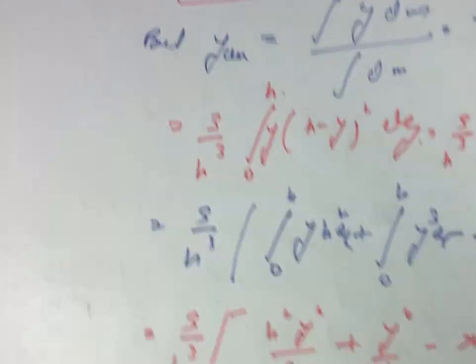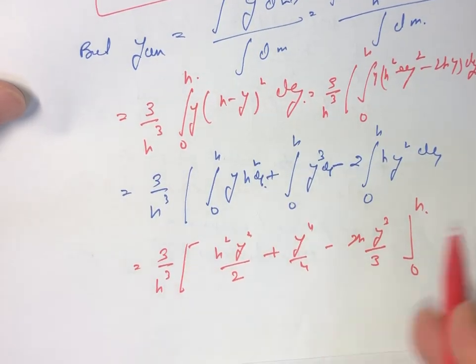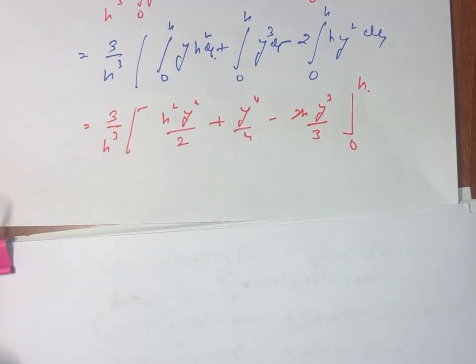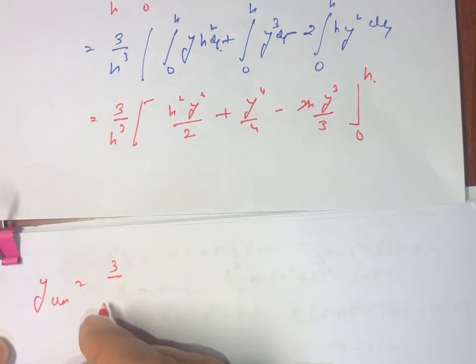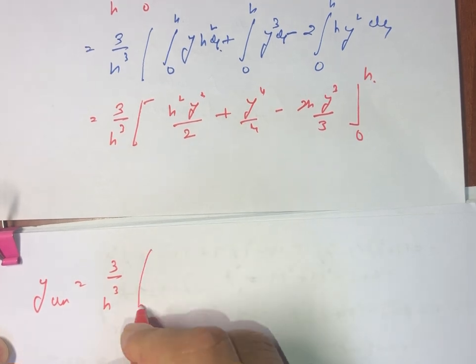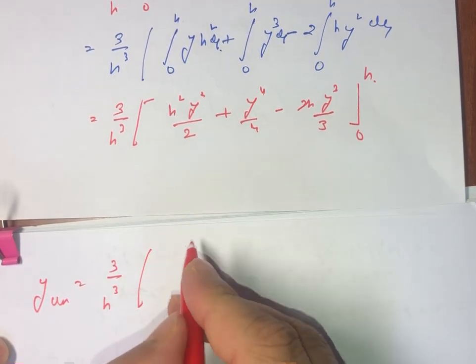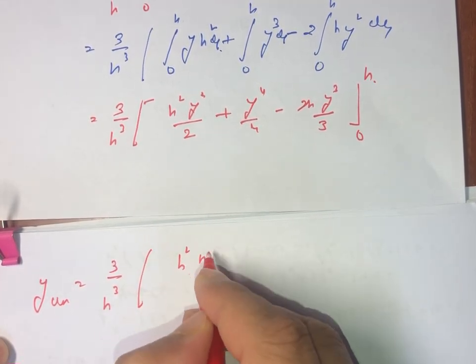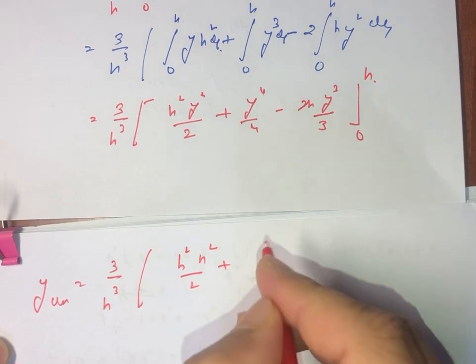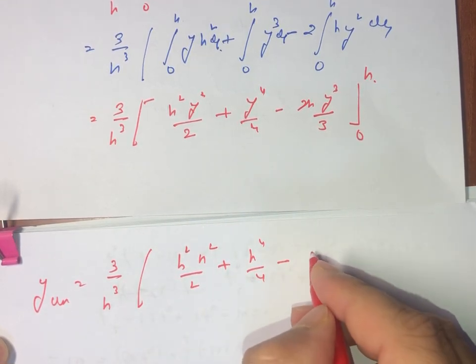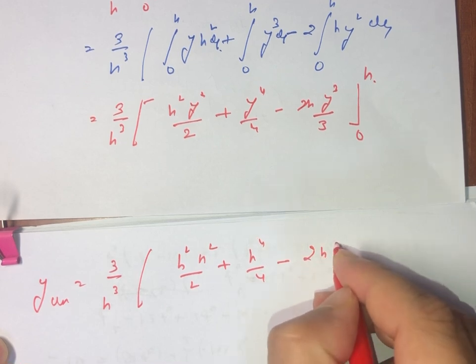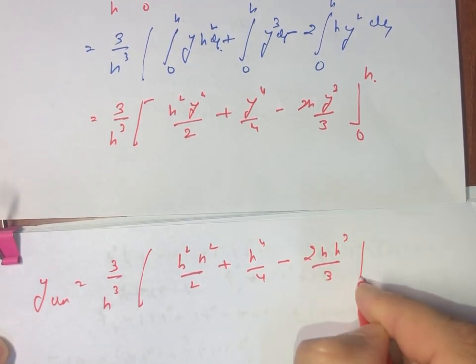If we substitute the lower limit, everything will be 0, so we are interested only in the upper limit. So we get ycm is equal to 3 upon h cube, times h square multiplied by h square by 2, plus h4 divided by 4, minus 2h into h cube divided by 3.